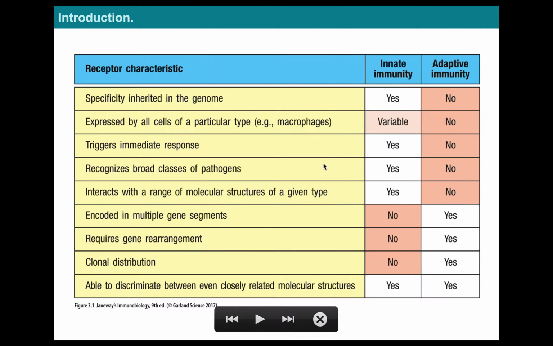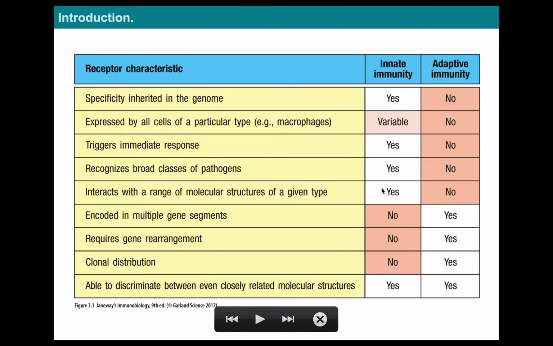And innate immunity, these things will have a very quick, you could say, immediate response. And yeah, they recognize broad classes of things. Like, for example, lipopolysaccharide is one of the components of a bacterial cell wall. Lipopolysaccharide is LPS, that's how we abbreviate it, and it is one of the things that triggers these pattern recognition receptors.